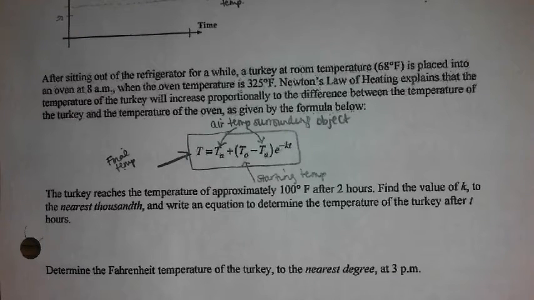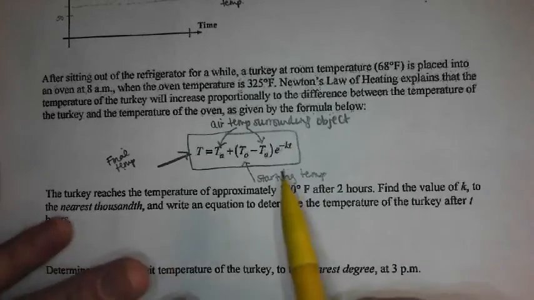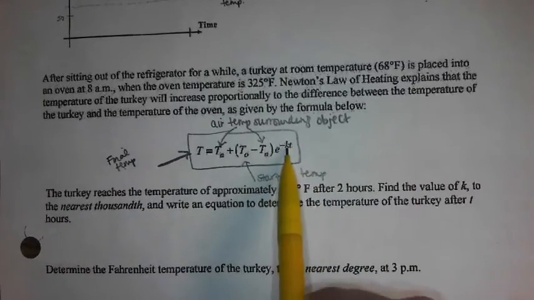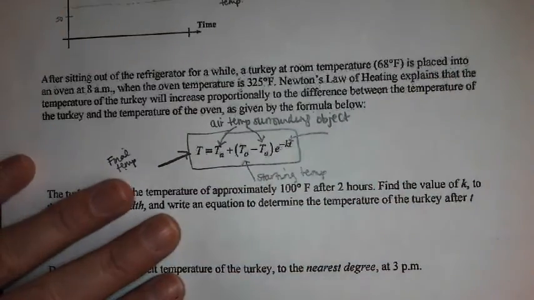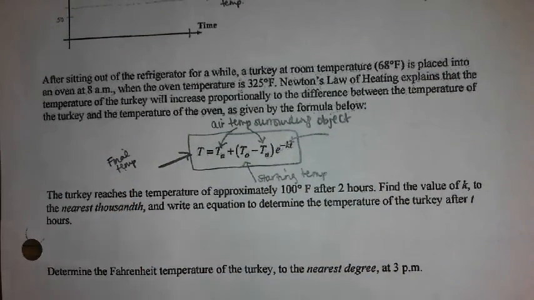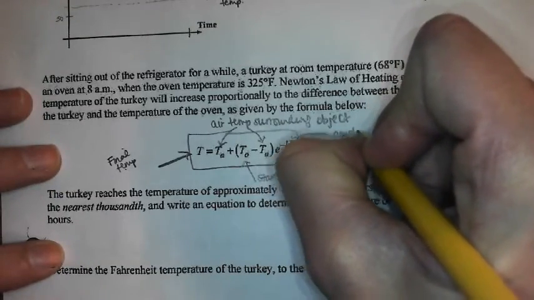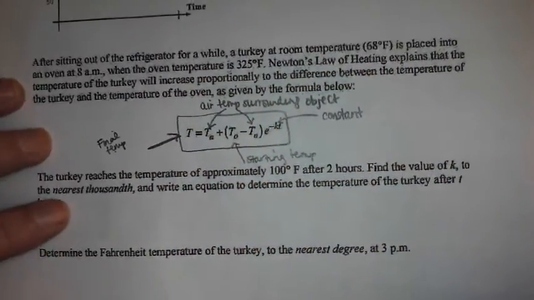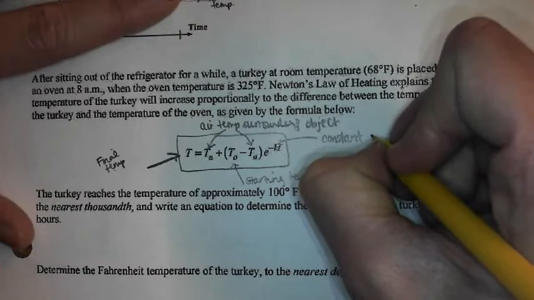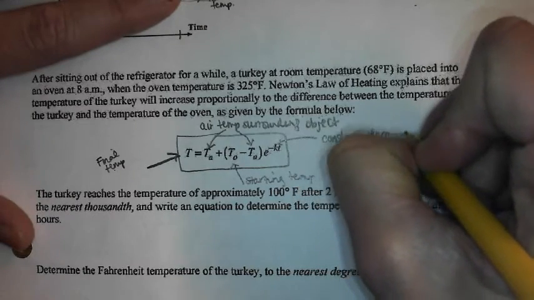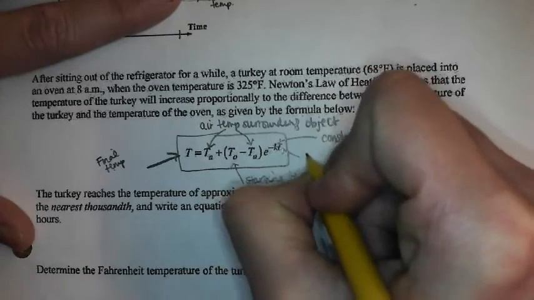In the previous case, yes, that would have been room temperature, the temperature of the space surrounding the hot chocolate. K is not exactly your rate, but it's the constant that ties in with your rate. We've dealt with K before when we did inverse variation. It was the constant of variation. And t, of course, is time.